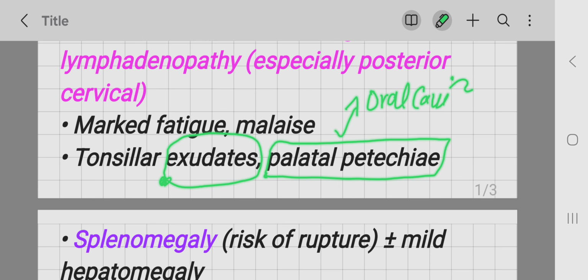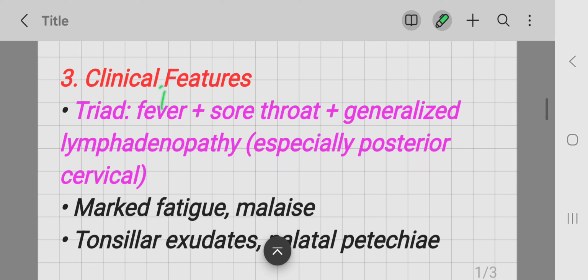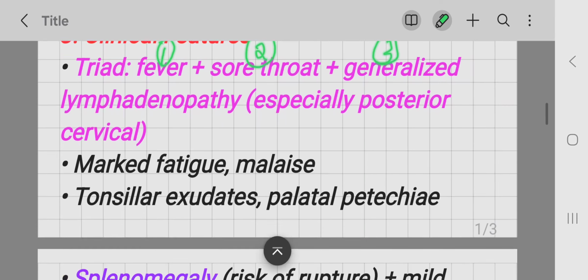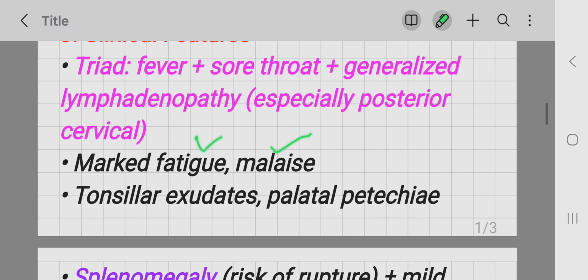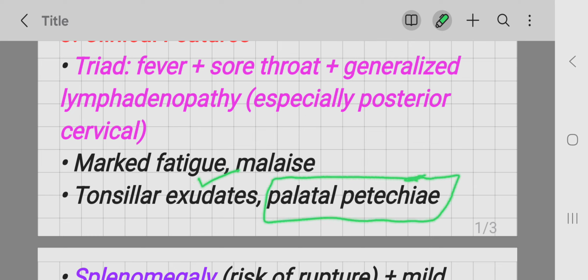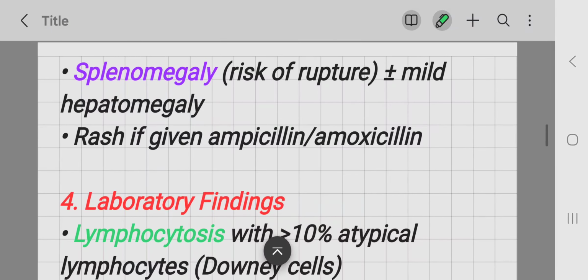Fatigue and malaise may be seen with any other infection too, but tonsillar exudates and palatal petechiae are very important. The patients who have infectious mononucleosis have palatal petechiae.